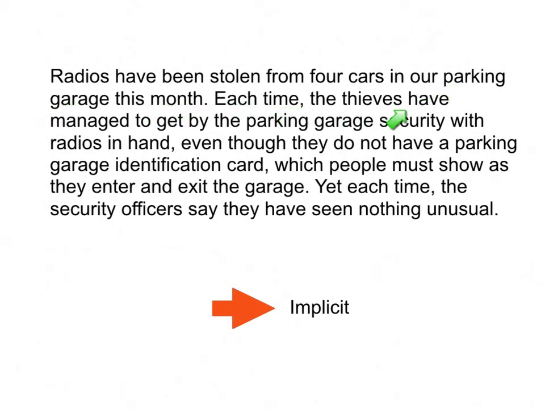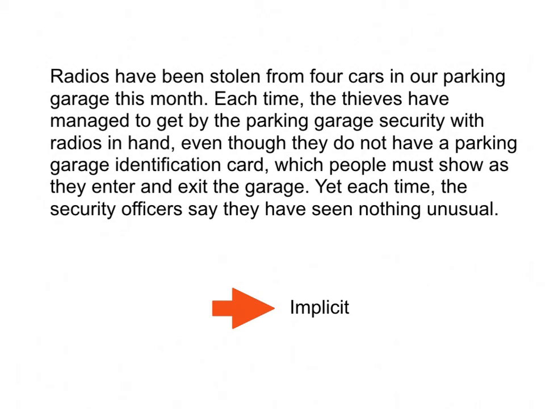Each time the thieves have managed to get by the parking garage security with radios in hand, even though they do not have a parking garage identification card, which people must show as they enter and exit the garage. Yet each time the security officers say they have seen nothing unusual.